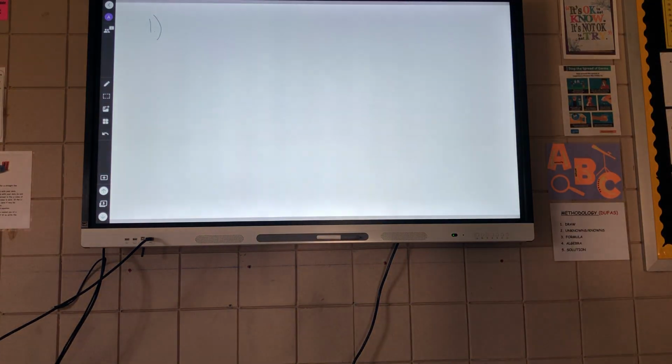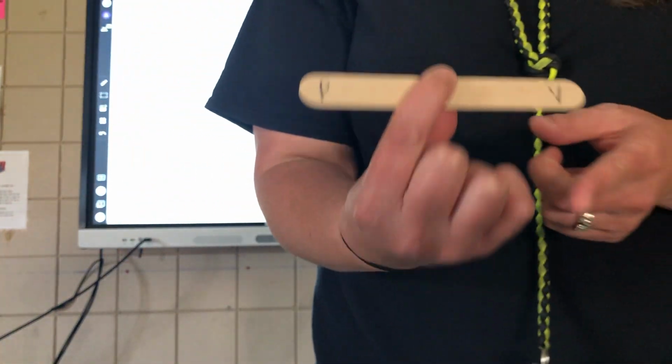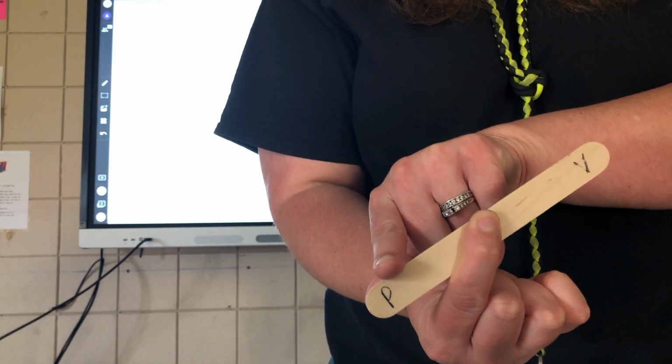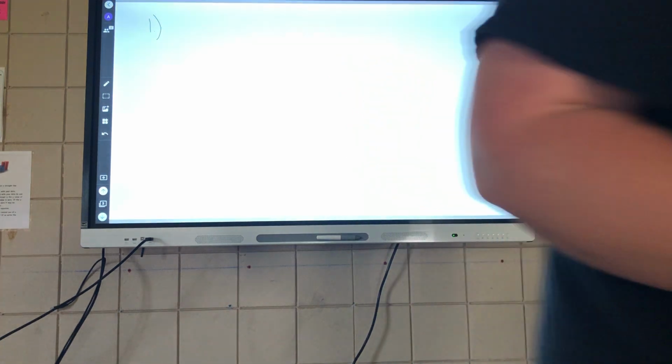So if temperature is constant, then I know that if my volume goes up, my pressure should go down. If pressure goes up, my volume should go down. All right, so I need to keep that in mind.